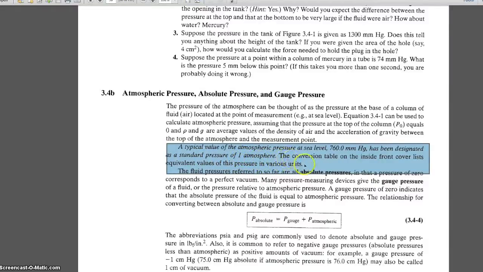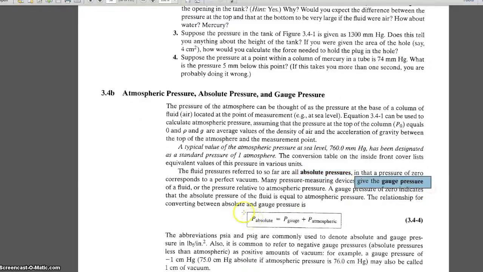At the front of the book, there's a conversion table to find the pressure in various situations. Here it says the fluid pressures referred to so far are all absolute pressures, and pressure measuring devices give the gauge pressure.